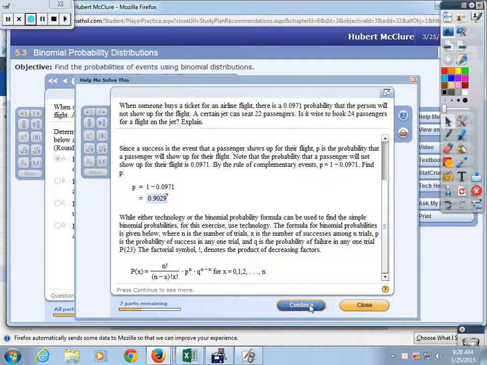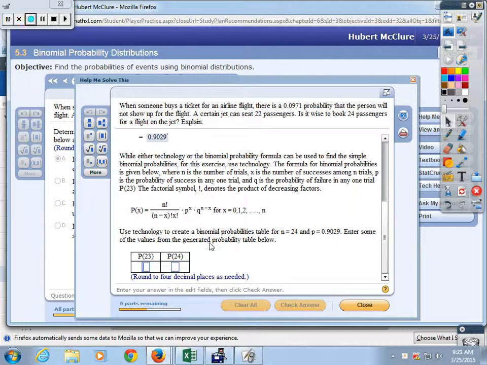And plug in N, P, and X. But they're saying that P of 23, that would be the probability of 23 showing up. N is 24. Did we not type in N is equal to 24? And 23? I thought we did that. And you're supposed to add them up.